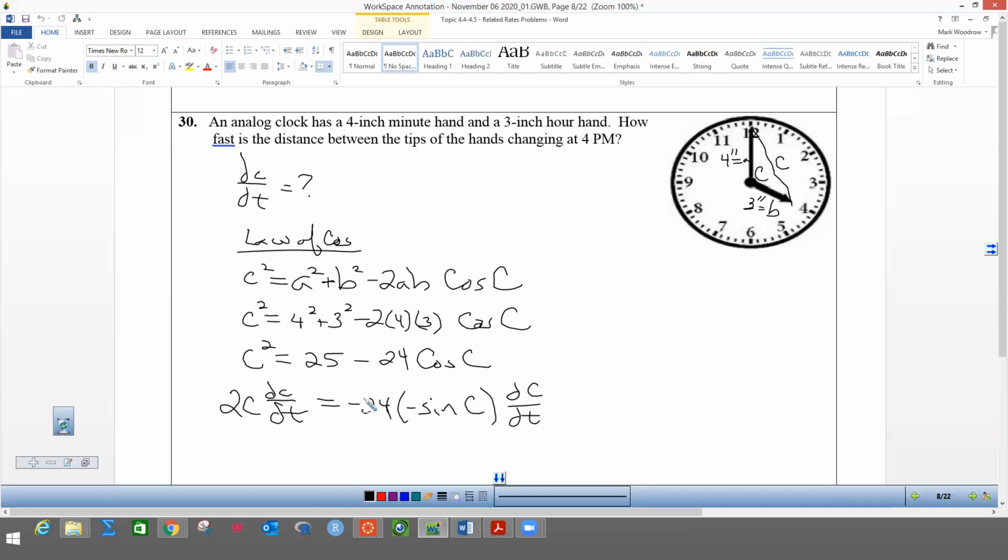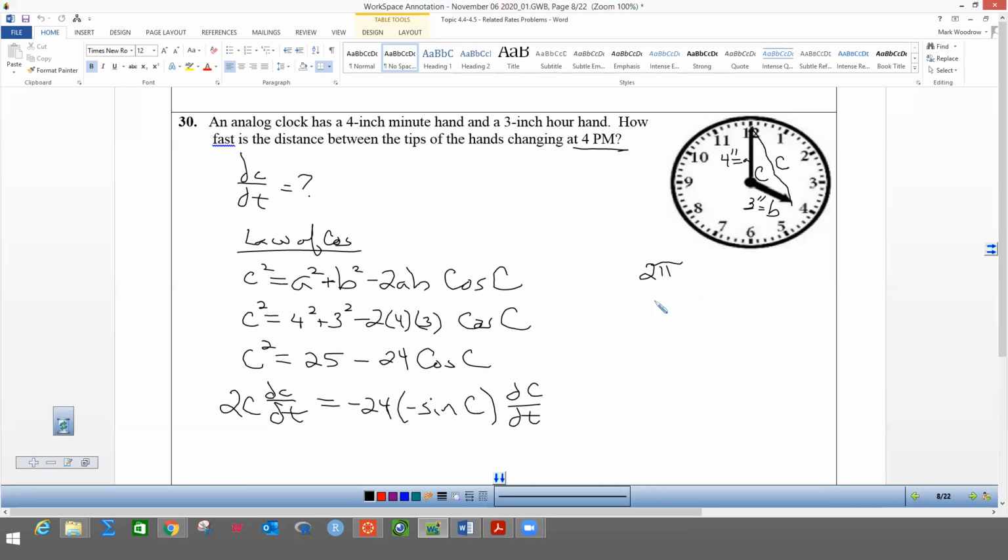So we need to find what little c is. We need to find what angle C is. And we need to find what the rate of change of angle C is at the time these are at 4 o'clock, because it wants us to find it at 4 o'clock. So we're supposed to know that all the way around a circle is 360 degrees, which is 2 pi.